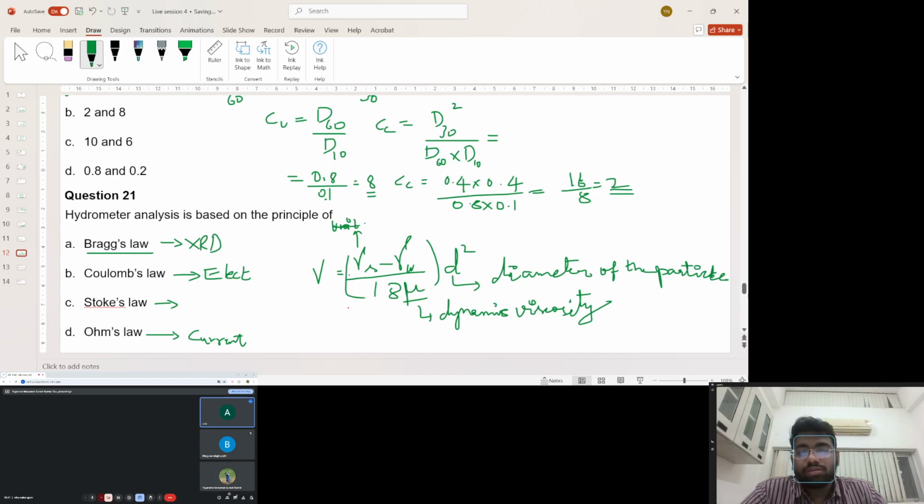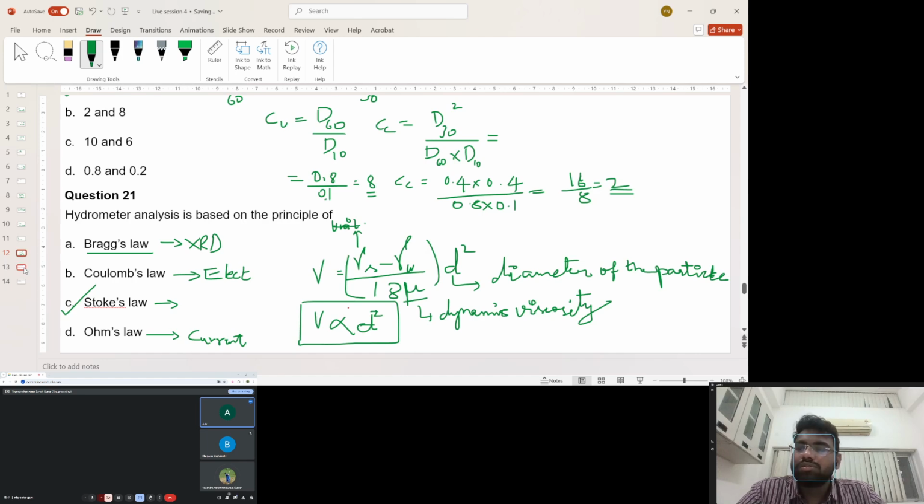Based on this, we have solved a numerical on it earlier. Here, ideally, V is directly proportional to d square. This is our application of Stokes' law regarding hydrometer analysis. So the option is C.